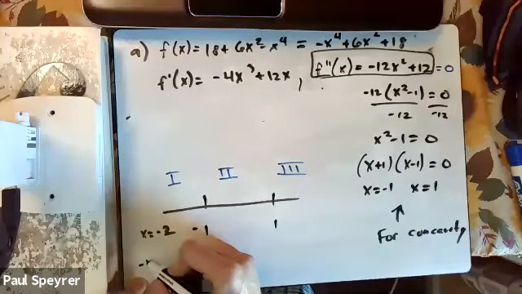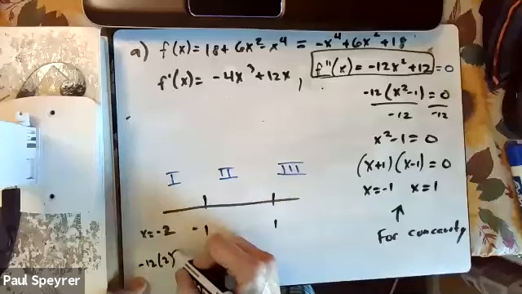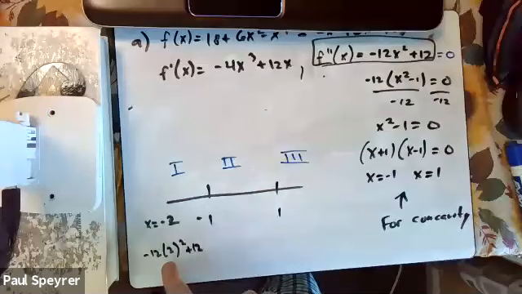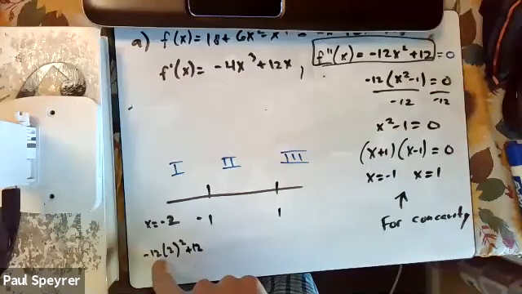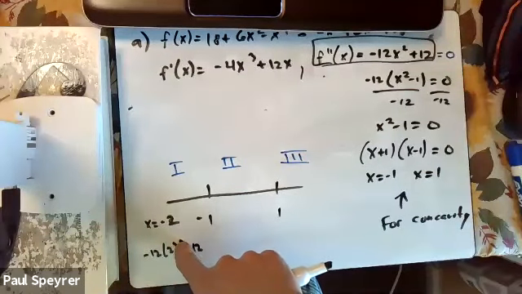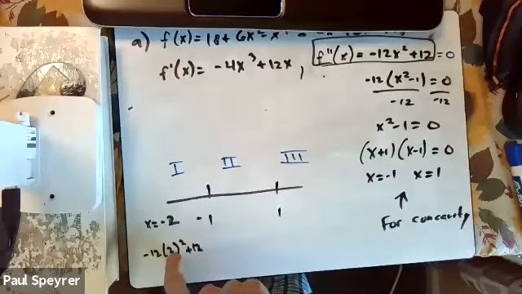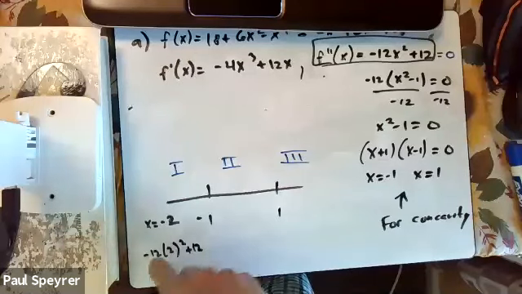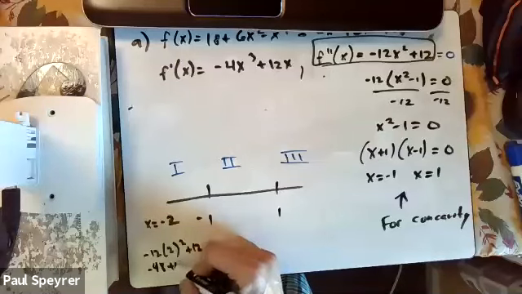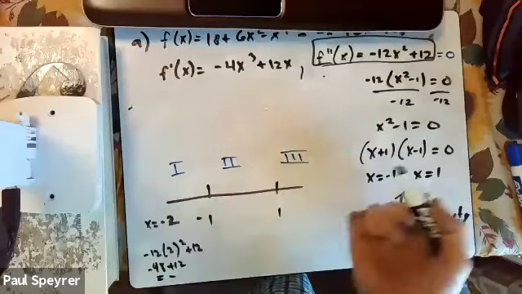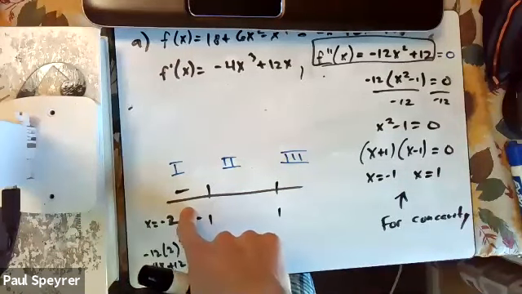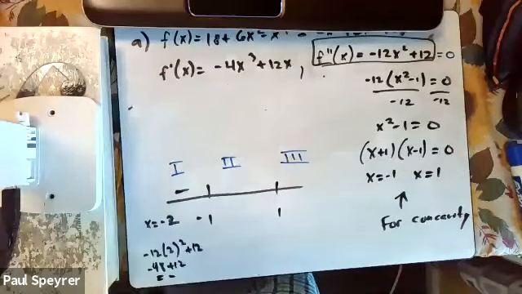This is negative 12 times 2 squared plus 12. This is 4 times negative 12, that's negative 48, plus 12, that is a negative number, right? So we know that we are having concave down in this first region.